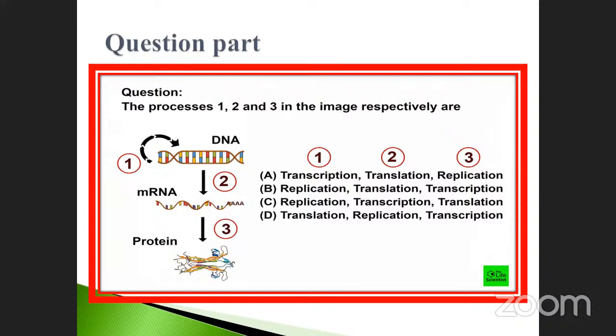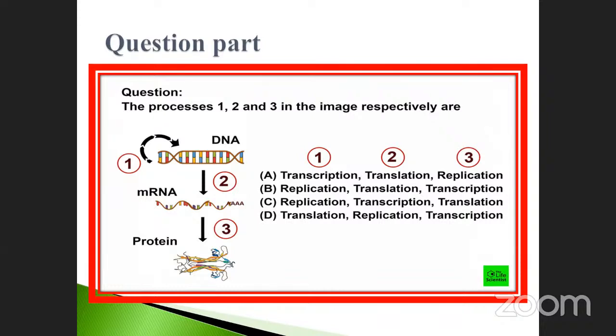Replication, transcription, then translation. Here take option C. Very good. Exactly correct. You are taking too much time in this part. Simply you have to identify it within a few seconds and answer it.